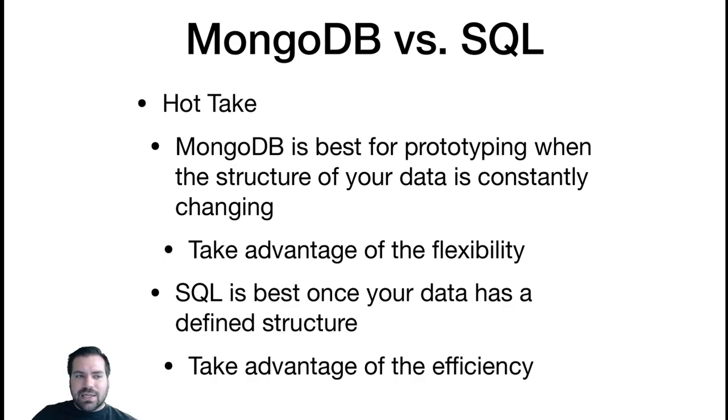And you want to take advantage of that in a mature app once it's ready to go out there, ready to be deployed, used by users. But in development, MongoDB has a lot of advantages. But it's all give and take. And sometimes it just comes down to what you're comfortable with. If you've worked with SQL for a while already, just working in SQL would be fine.